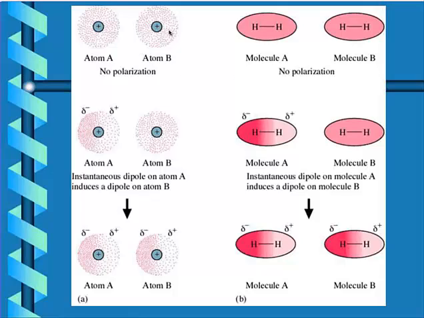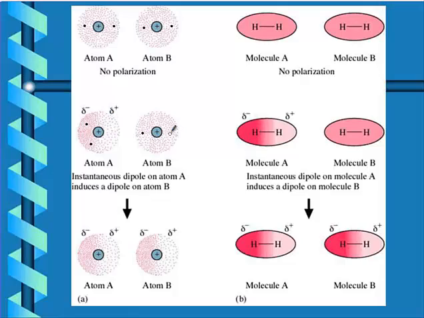So here we have atom A and atom B. With no polarization, we can say that we just have two electrons, and they're equal distance from each other. All of a sudden we get an instantaneous dipole on atom A. Maybe both electrons wind up on the left side, leaving us with no electrons on the right, making it slightly positive.